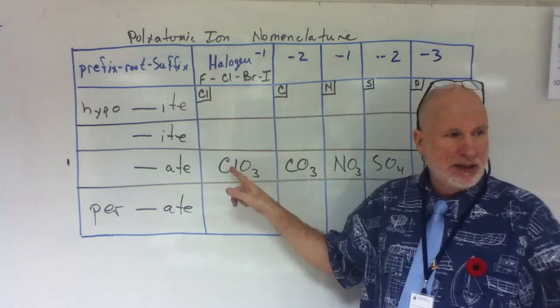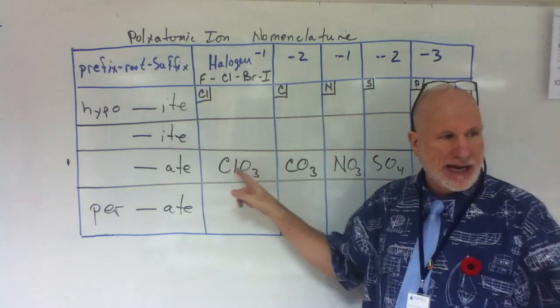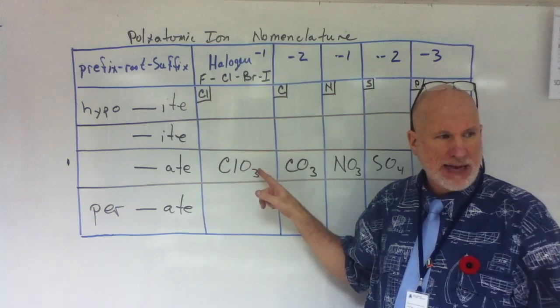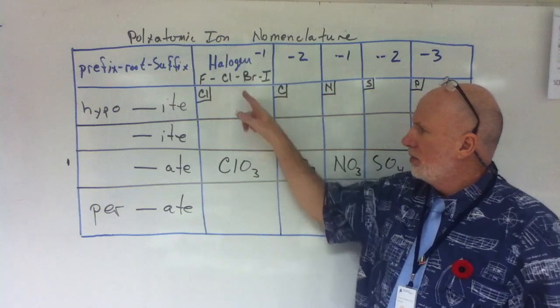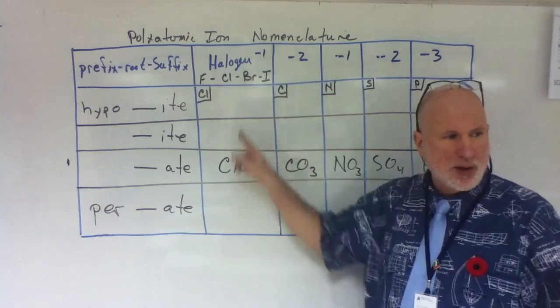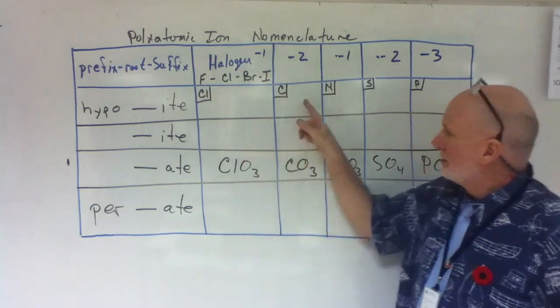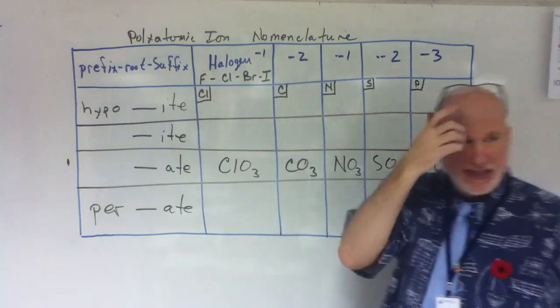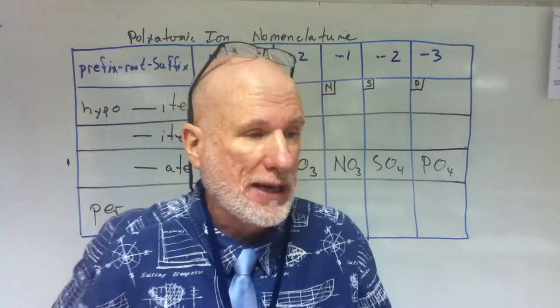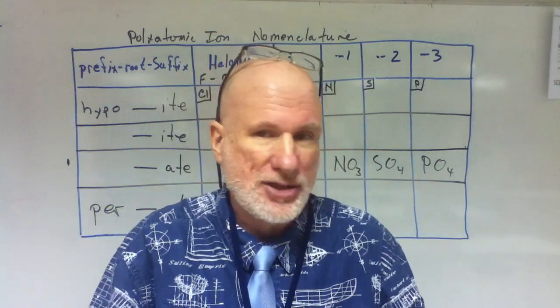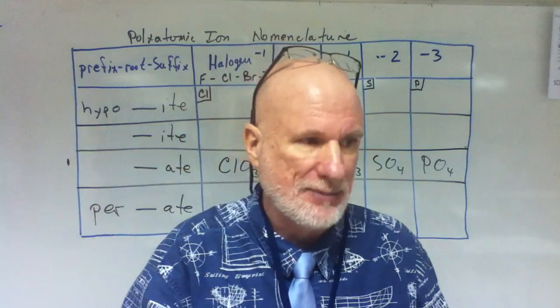This could be chlorate, bromate, iodate, fluorate. Got it? Okay. So this column could be 4 polyatomic ions, 4 groups. So that's 16. Plus 1, 2, 3, 4, another 16. So it's 32 polyatomic ions right off the bat that you know. That you don't have to memorize. That there's a naming system for them.